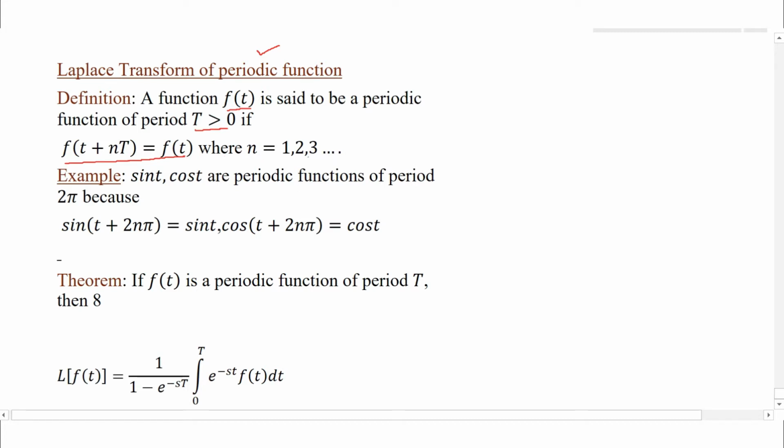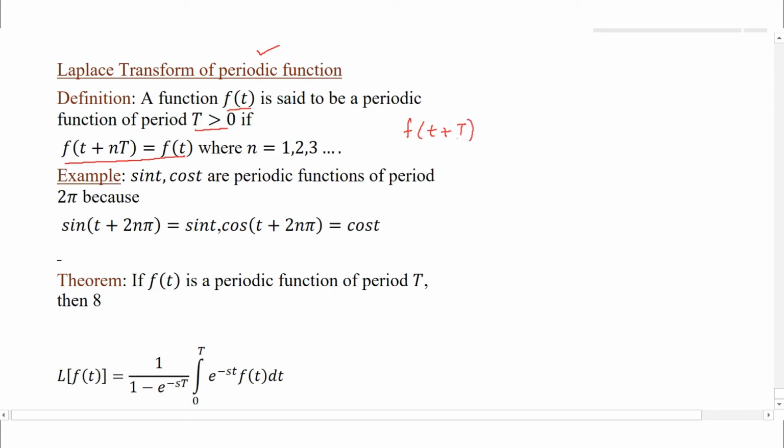Which means that suppose I am taking the value of n to be 1, so it is f of t plus T, where the value of n in this case is 1.